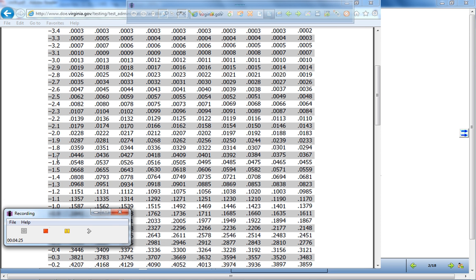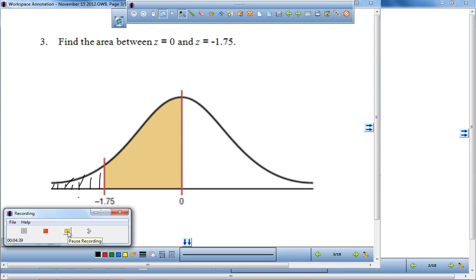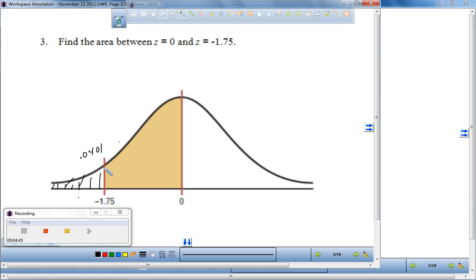Alright, so let's go look up that number. Here we're looking up negative 1.75. So from our z-table we came up with 0.0401. Well, that represents this area here, but we want this area.